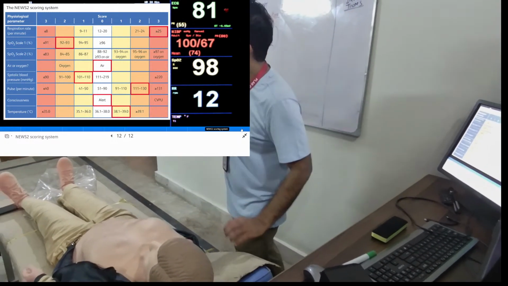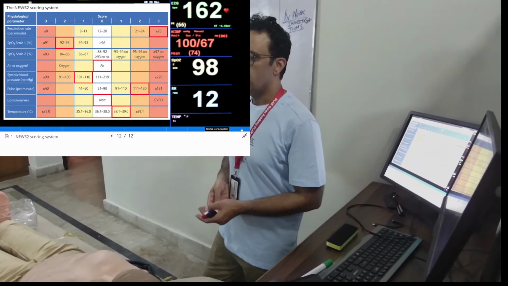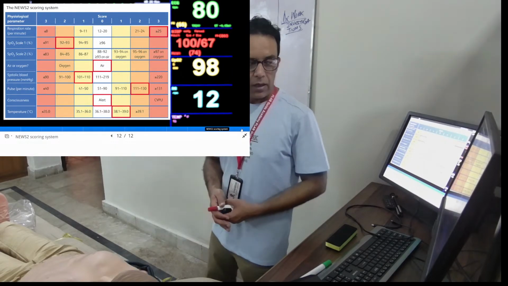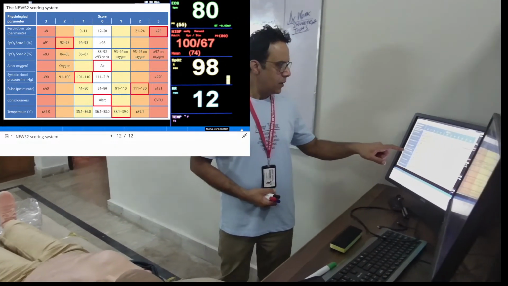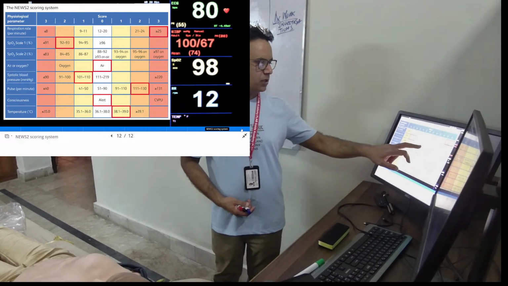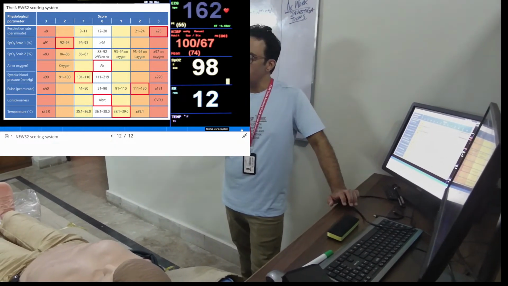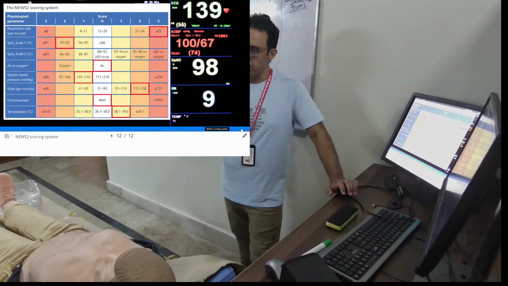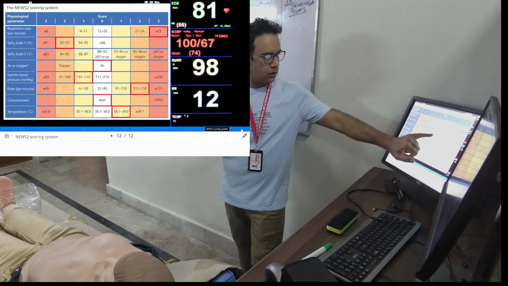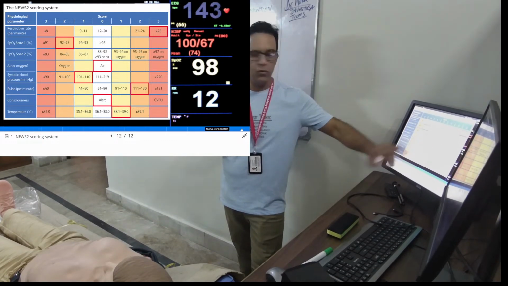This means that we are aiming to keep the oxygen saturation of the patient at 96 or above in normal individuals, and in those who have COPD, we are aiming to keep their oxygen between 88 to 92 without oxygen, and 93 to 94 on oxygen.